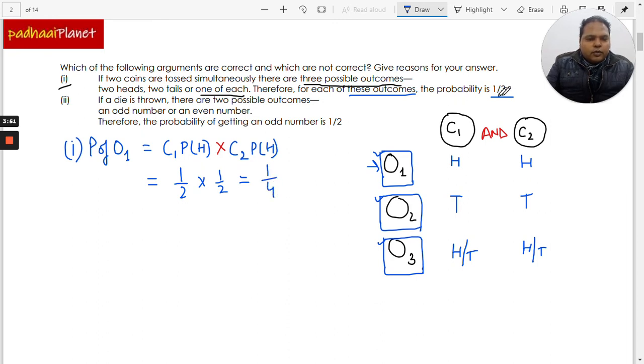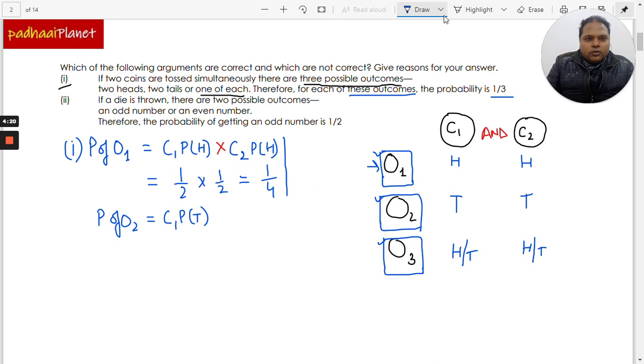So this 1/3 is actually not standing true in this situation. Now similarly, we will find the probability of the outcome number 2, which is both the coins give tails.